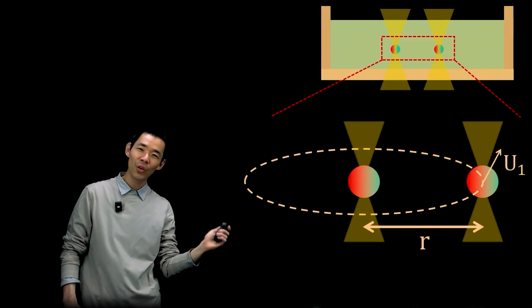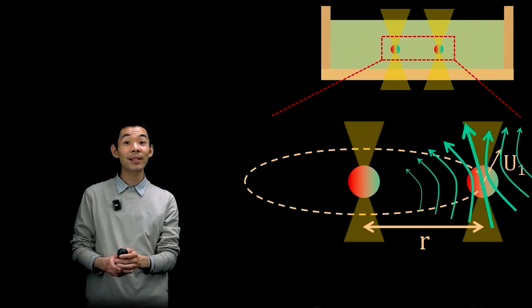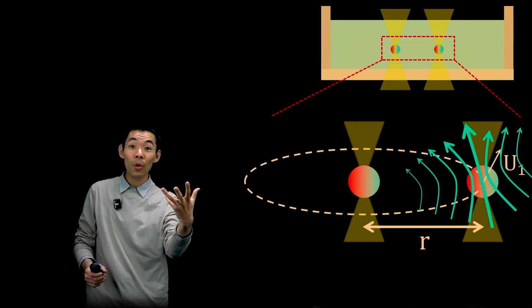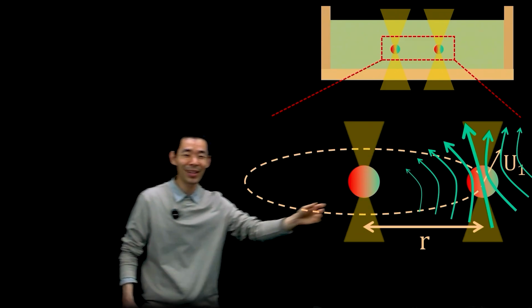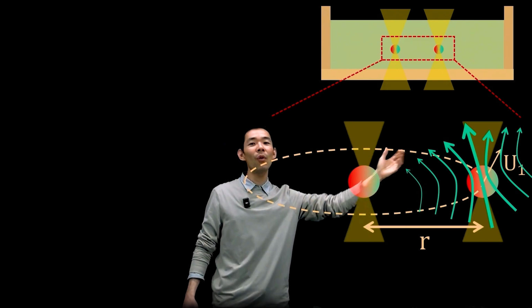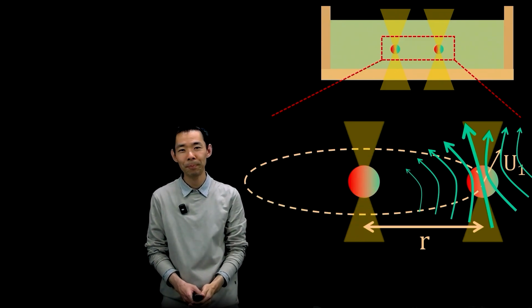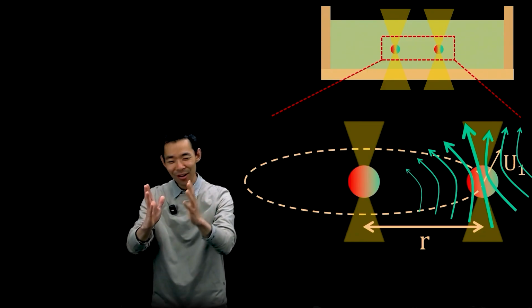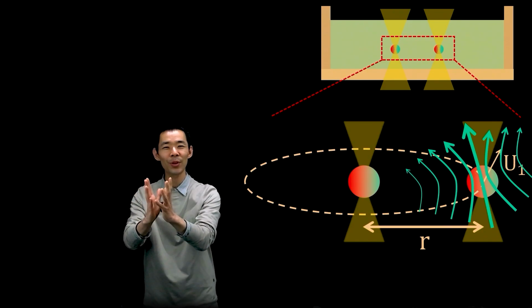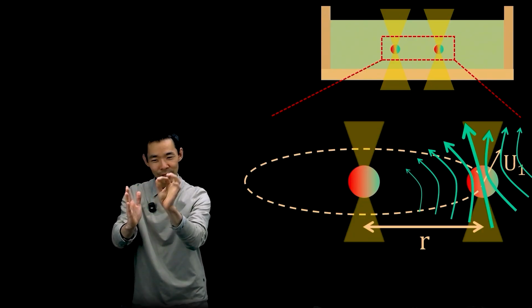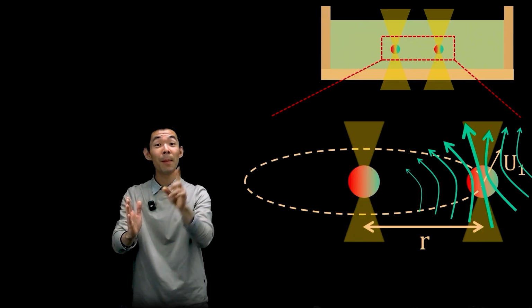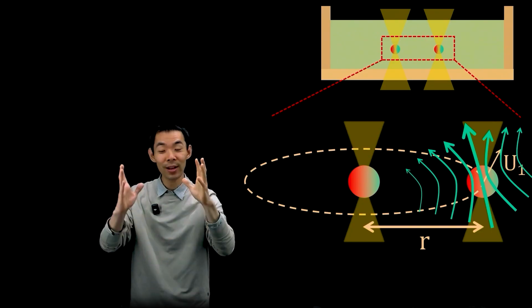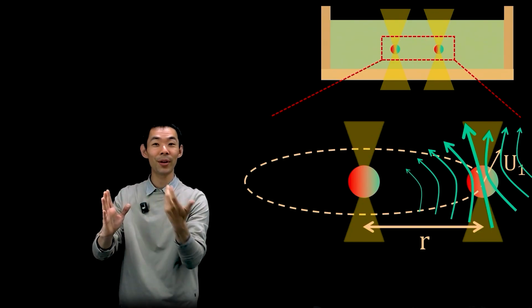Now, if we translate the outer particle, it's going to entrain some fluid flow around it due to the no-slip boundary condition, and you're going to create a flow around the translating particle. The unique thing about optical laser tweezers is that it generates an external force that keeps the particle to a particular spatial position, but it does not generate external torques on the particle.